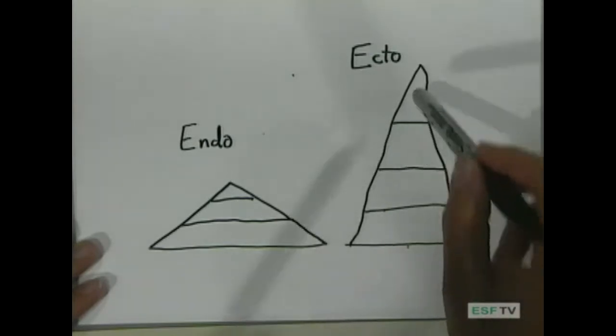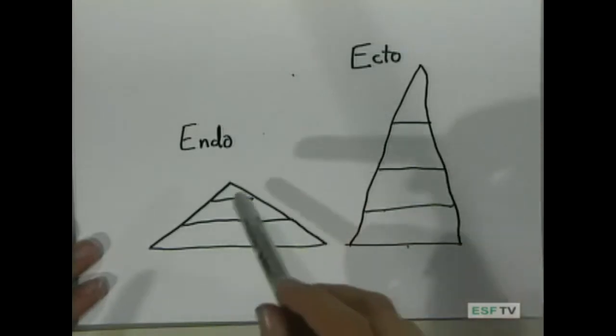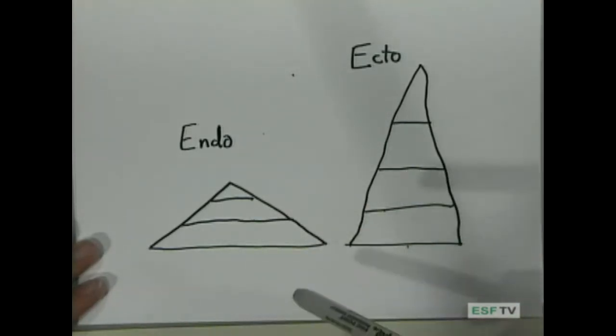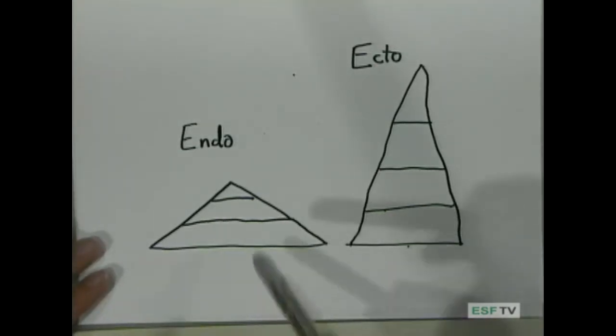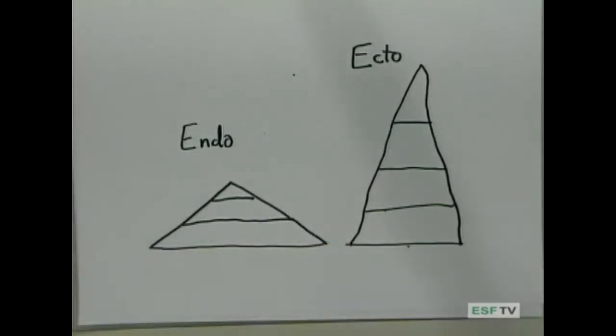It might even go higher because there's more available. So that's how an ecosystem might change according to the types of organisms living in it. And there's been some research that showed that dinosaurs favored this kind of ecosystem. So that suggests that those guys were really warm-blooded.